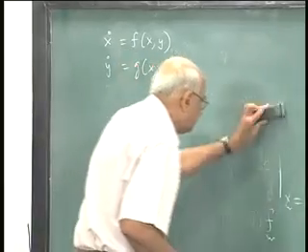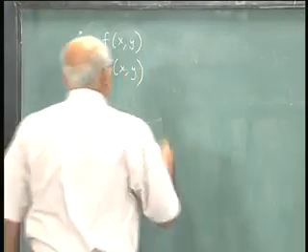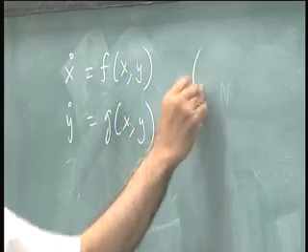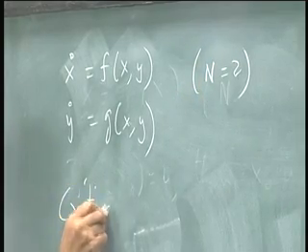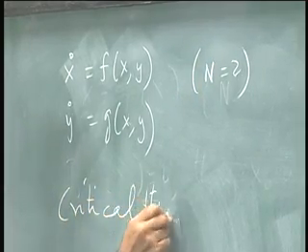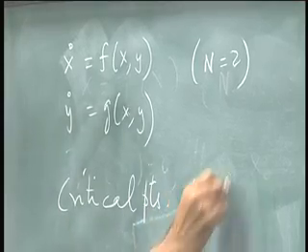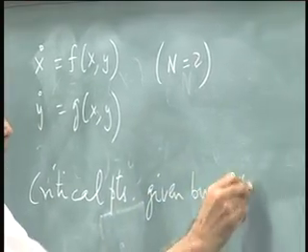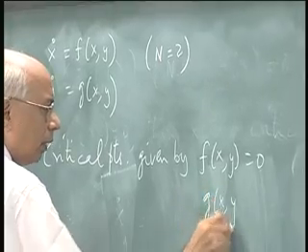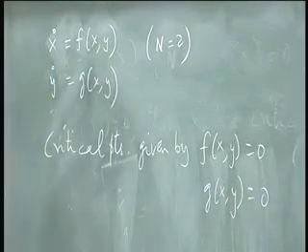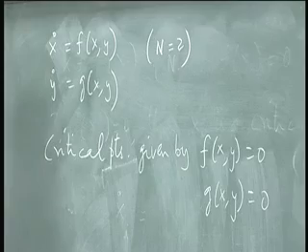Then this is n equal to 2. Critical point given by f of x comma y equal to 0, g of x comma y equal to 0. That is where the vector field vanishes. Okay.